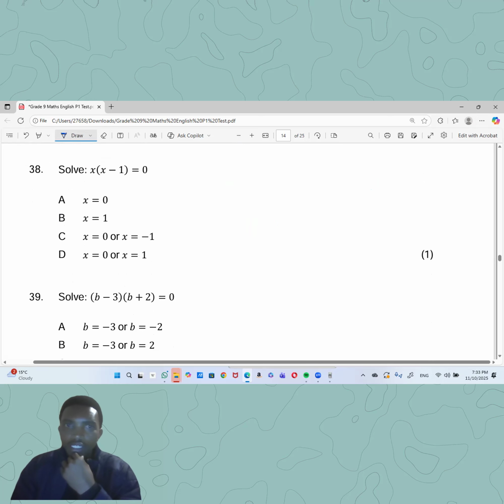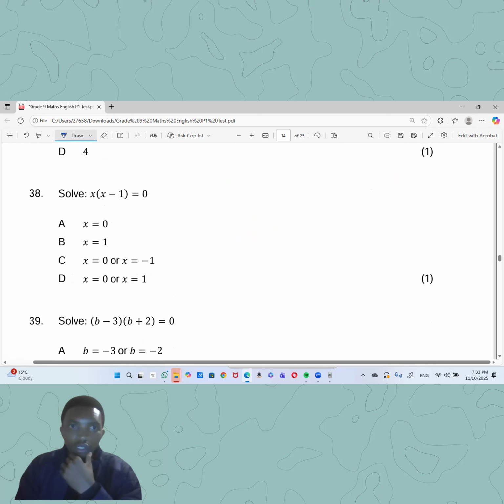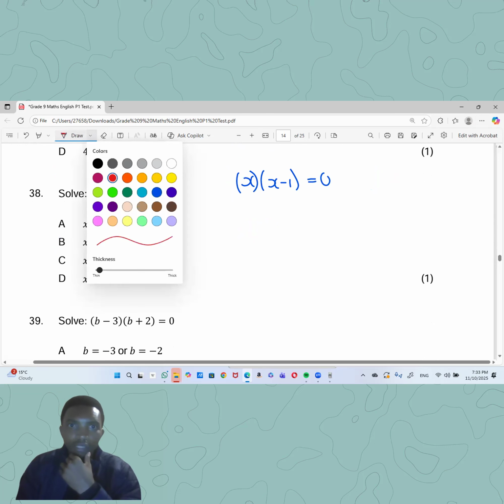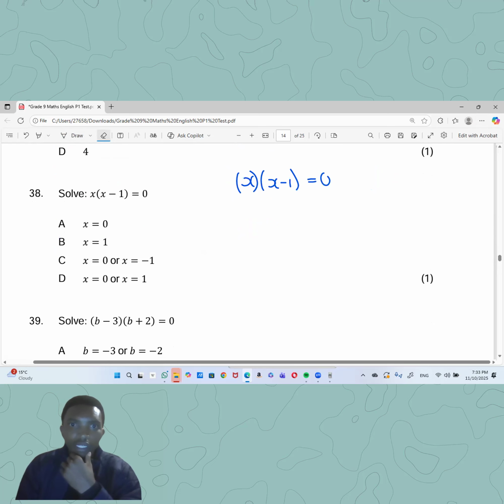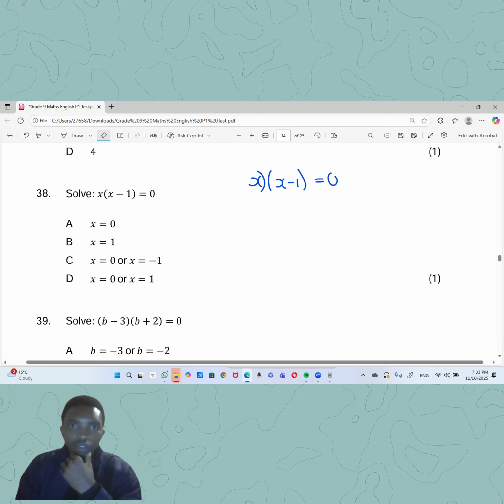And then 38. Remember I said this thing, we're given x minus 1 is equals to 0. Remember we can put this thing in a bracket. If ever it is multiplied, remember multiplication means both of them are in a bracket, right? So we can simply put them in a bracket. And if ever they're both in a bracket, what do we then do?